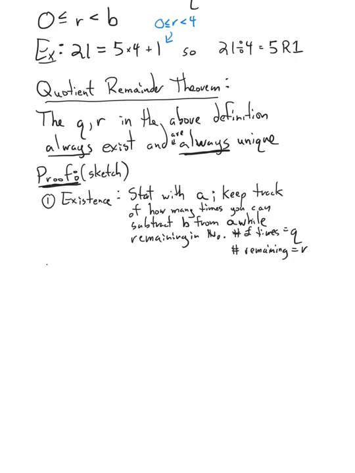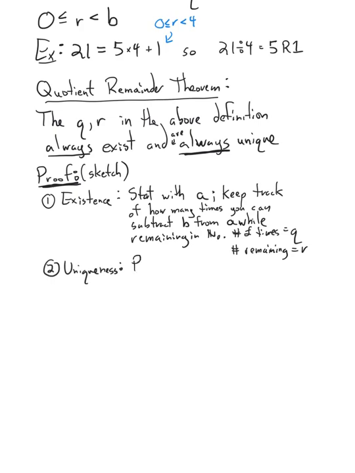But the uniqueness, how do we know we can only do this in one way? This is a very common thing in math. To show something's unique, pretend that it's not. Pretend there's two of them, and then show that they must be equal.